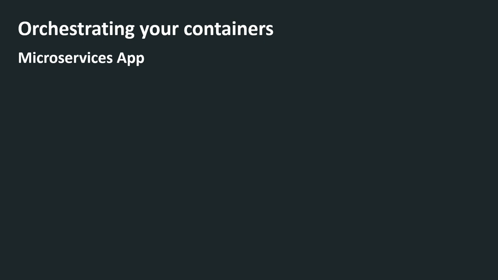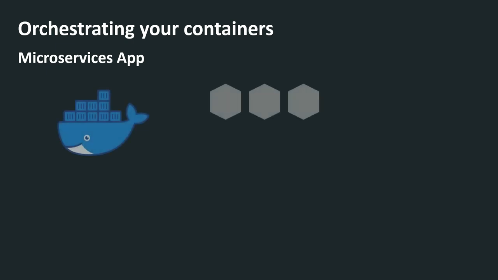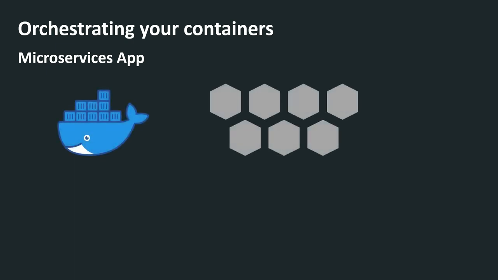Now, think about a microservice application scenario. If you are developing microservices, you would need containers for each, and containers scale pretty quickly. Maybe you create replicas, you have different third party services and applications for your microservice application.